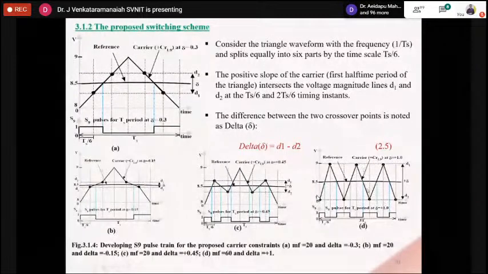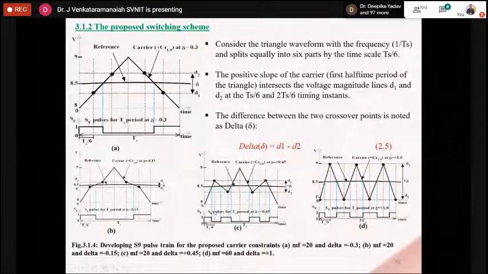When we perform the analysis of the inverter with this kind of carrier waveforms, we interestingly observe the result with this kind of carrier waveform in terms of the THD as well as higher order harmonic position.